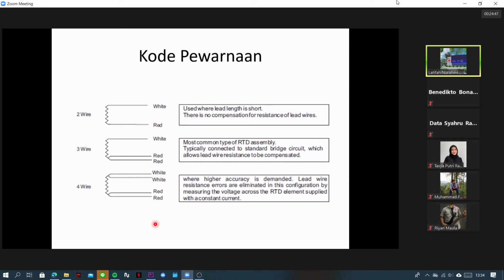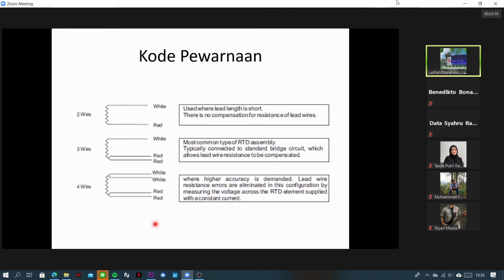In RTD, it applies the same. There is a color code for the wires. If you are using copper, you know copper has a copper color. But what I'm talking about is that the cable is wrapped with a plastic, with a color plastic.